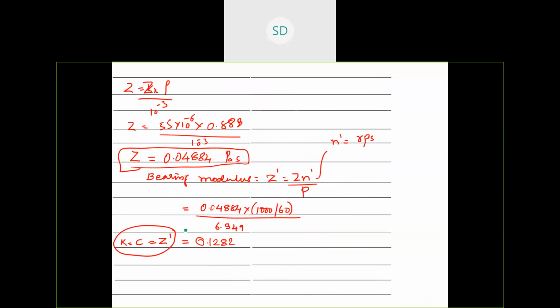Now to calculate the bearing modulus, how much did you get here? You got 0.1282. So let us check. Go back to the data handbook.